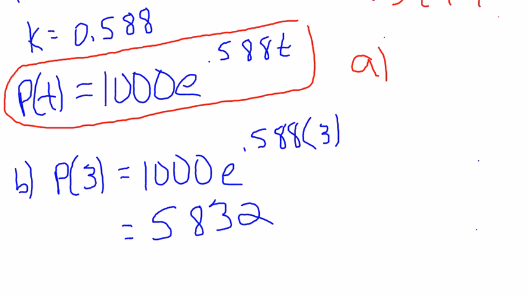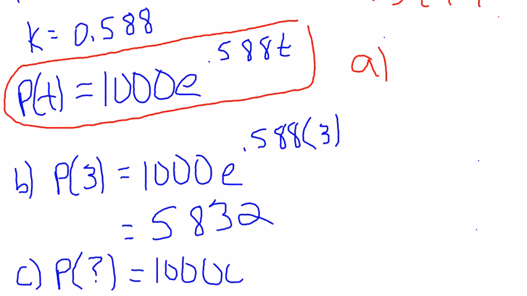Part C. It asks how long until there are 1,000 mosquitoes. So it's asking P of question mark equals 1,000. I'm not going to do it, but I will tell you the answer. Hopefully you can get to this answer on your own.